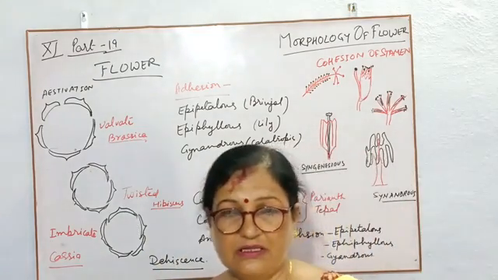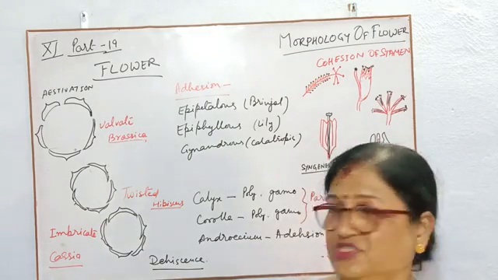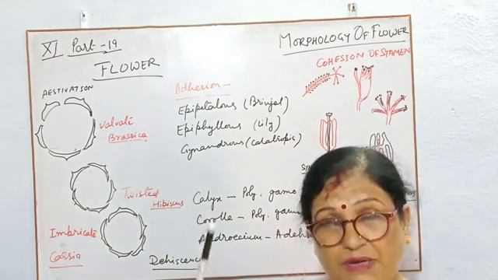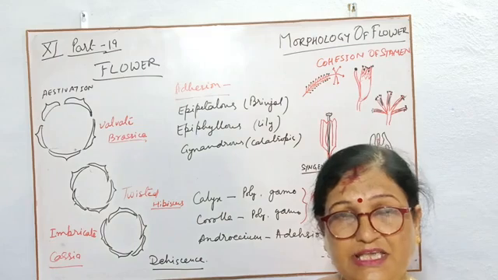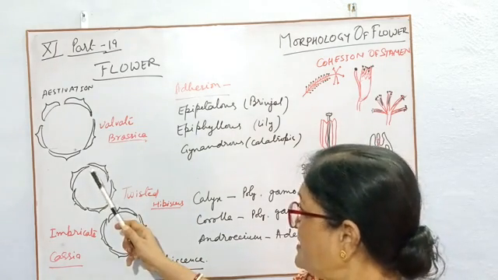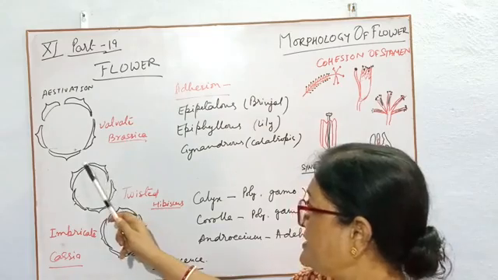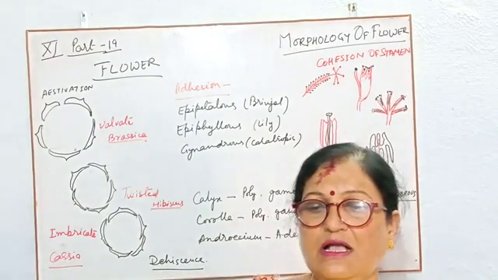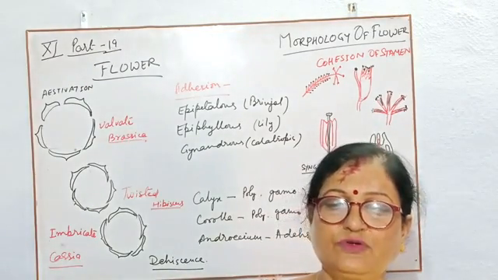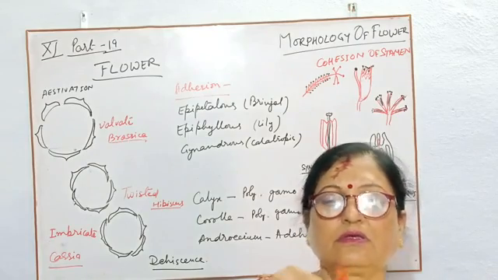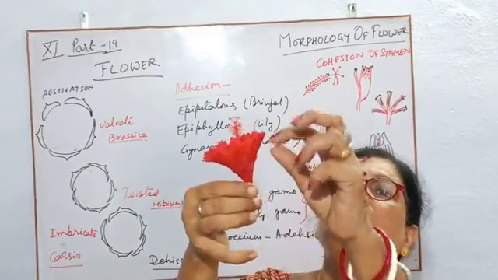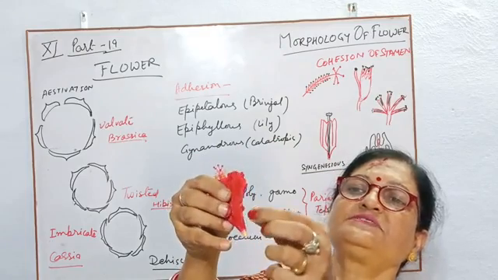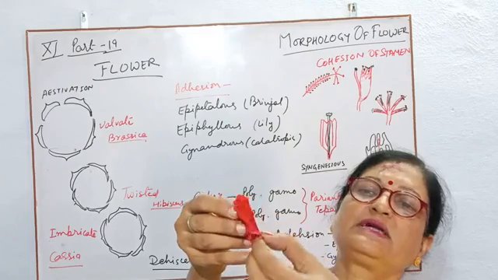Children, twisted. In the twisted type of estivation, the parts of the flower are arranged in a twisting manner, means one part will be inside and another part will be outside. Just like in that hibiscus flower, which I have already shown you. See, one part of the flower is above, outside, and the same petal has another part inside.